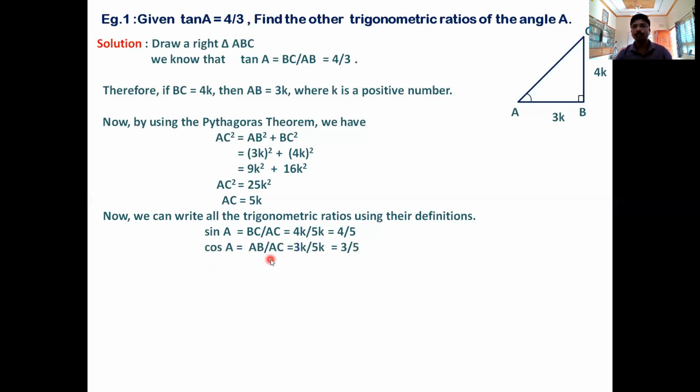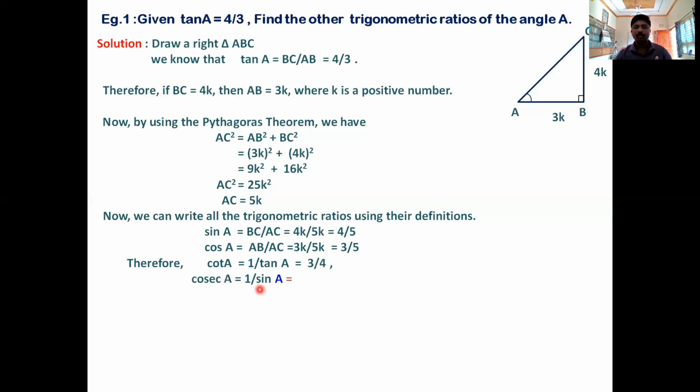Cos A is equals to base divided by hypotenuse, AB divided by AC, which is equals to 3K divided by 5K, and we are left with 3 by 5. Therefore, cos A is equals to 3 by 5. Next, cot A is equals to 1 upon tan A. Reciprocal of tan A is equals to cot A. Cot A is equals to 3 by 4, because 1 divided by 4 by 3, 3 will move to numerator, it will become 3 by 4.